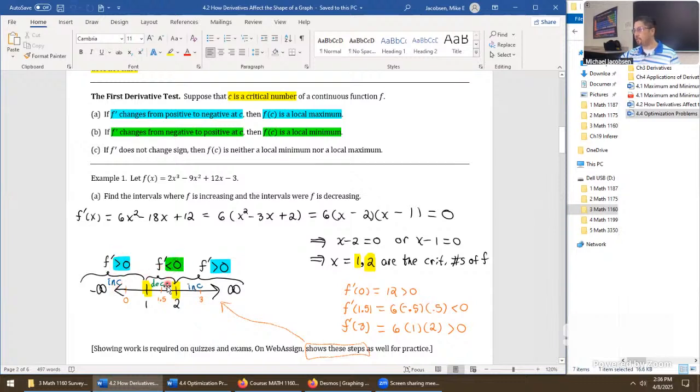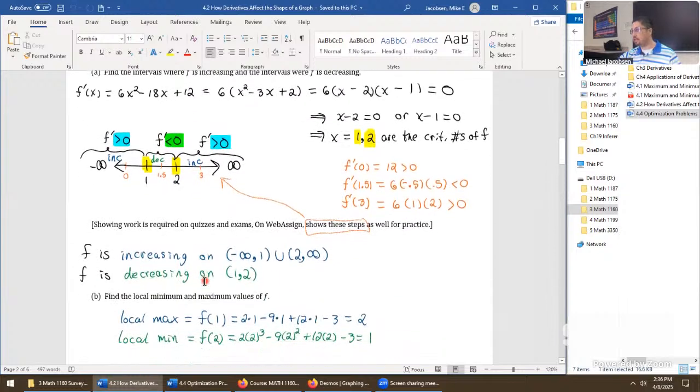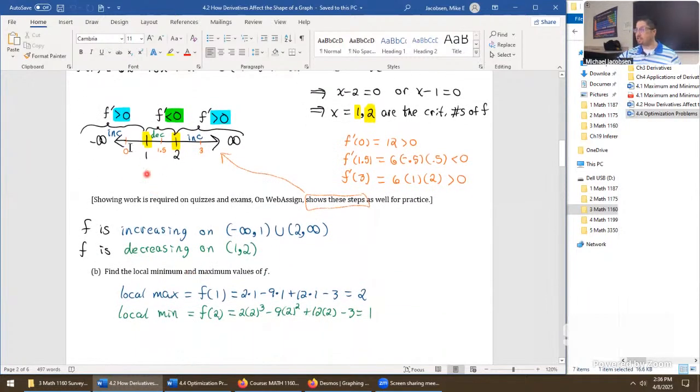If it's negative, the function will be decreasing. And so we found it was an increasing, decreasing, and an increasing function in that order. First derivative test will tell us if we go from an increasing function to a decreasing, well, there's got to be a local maximum somewhere right around here. And that's what we said.